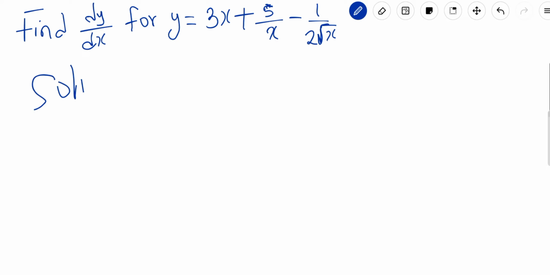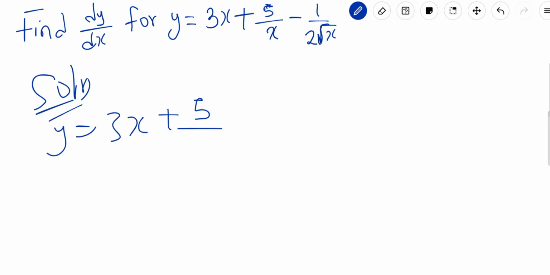So given that we have y is equal to 3x plus 5 divided by x minus 1 divided by 2 root x, I can call this equation 1, just rewriting the question.